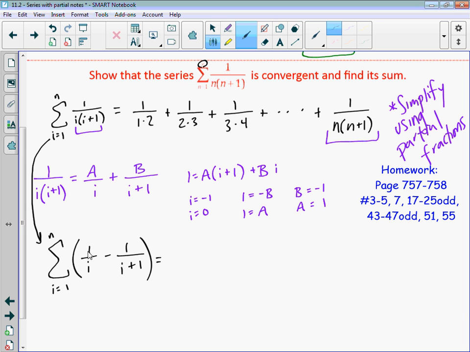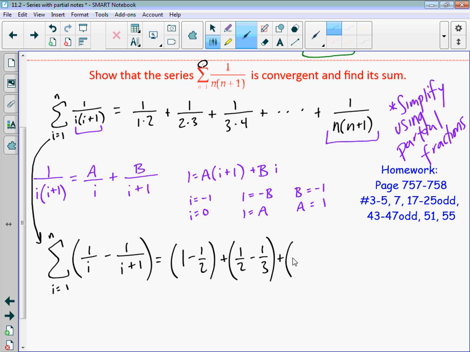So if we plug in 1, we're going to get 1 minus a half. Okay, and then we'll plug in the next one. So if I plug in 2, I get a half minus a third.